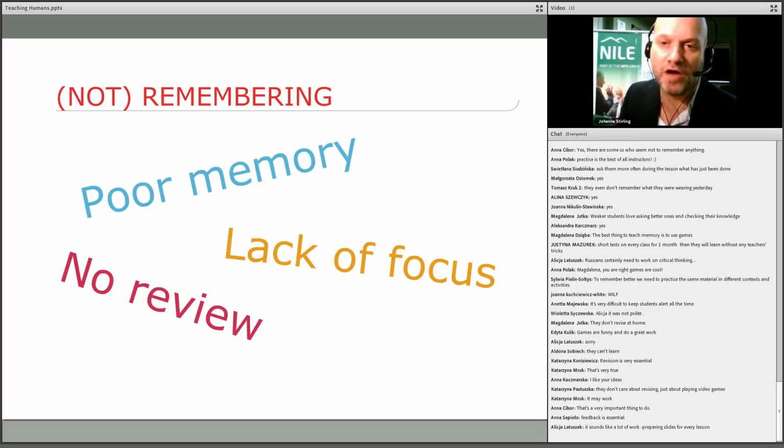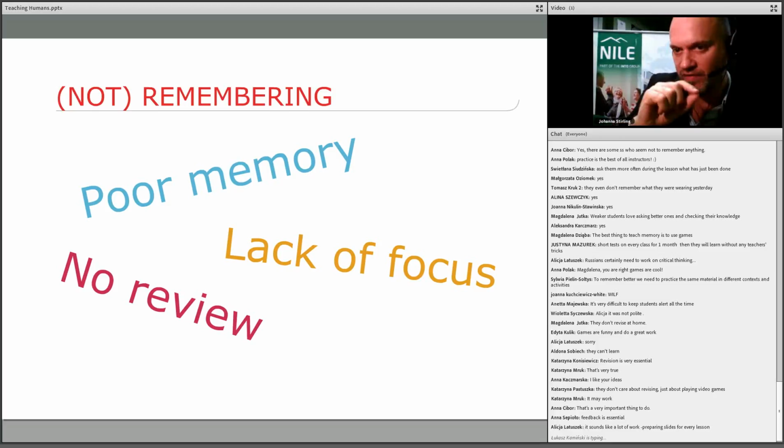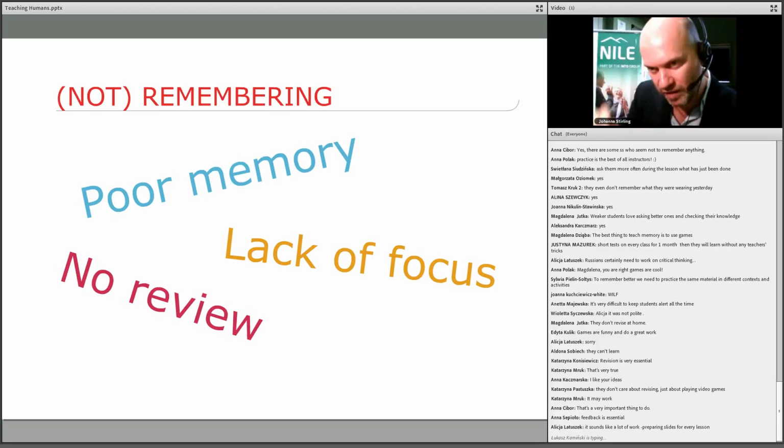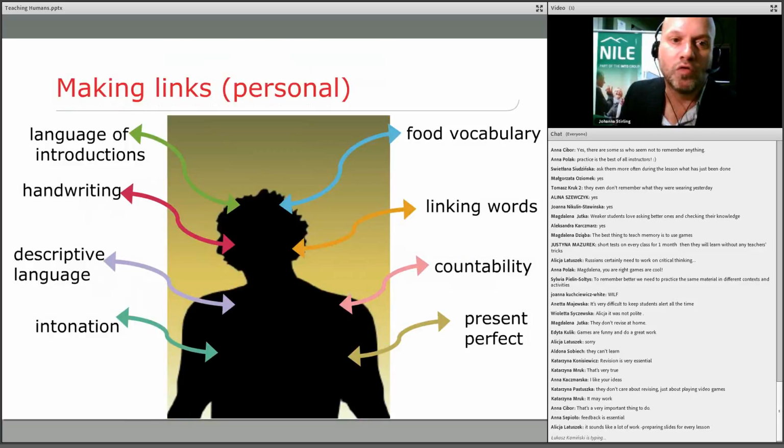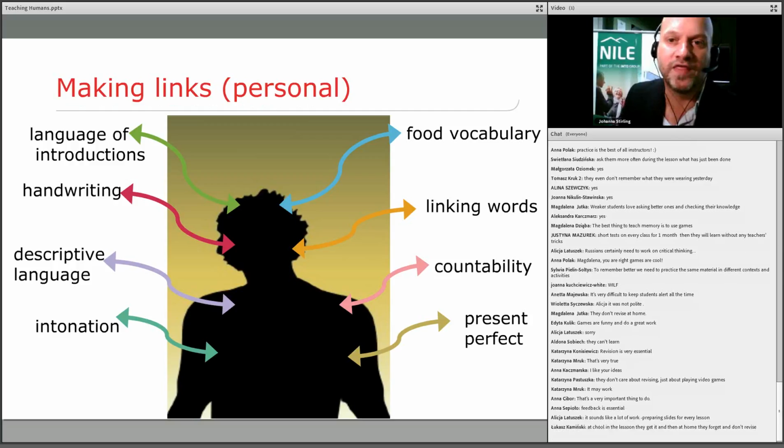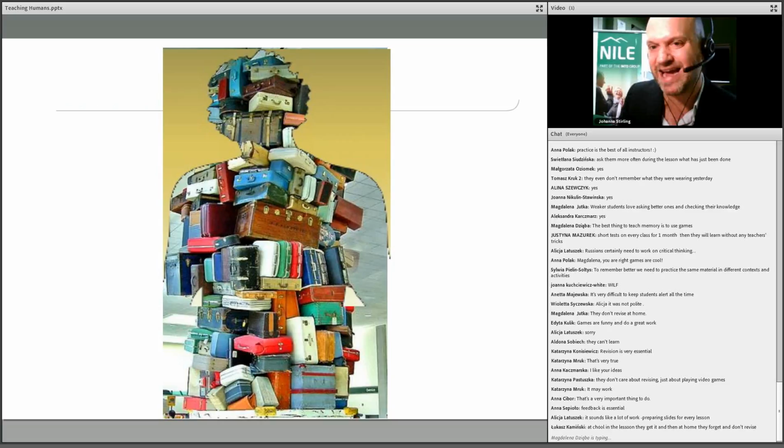So I would say that that's one quick activity that you can do, and I would encourage teachers to do it at the beginning and at the end, which is to review, right? Review what the previous lesson was, and review at the end of the lesson what has been done. So it helps them to go over it, and helps them to focus, right? But what we can also do is to link the things that we're learning to the baggage that we bring in, right?